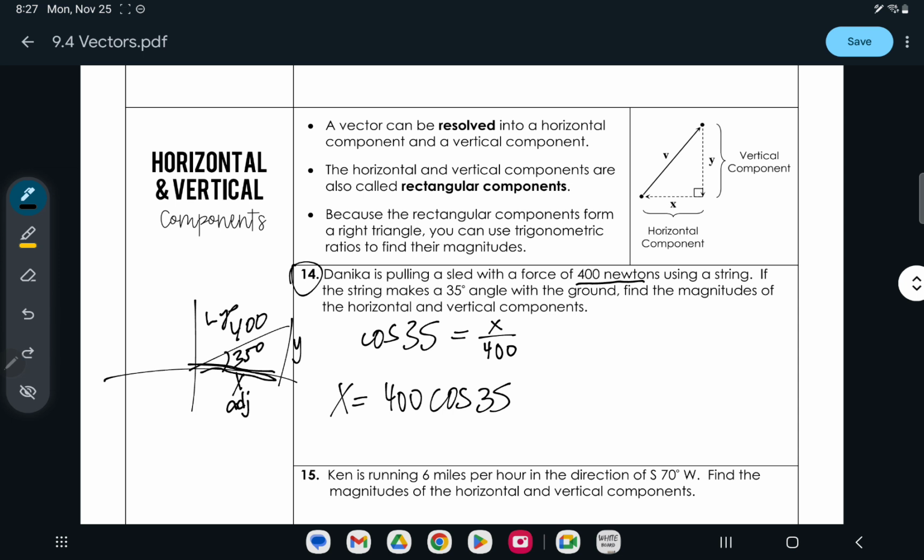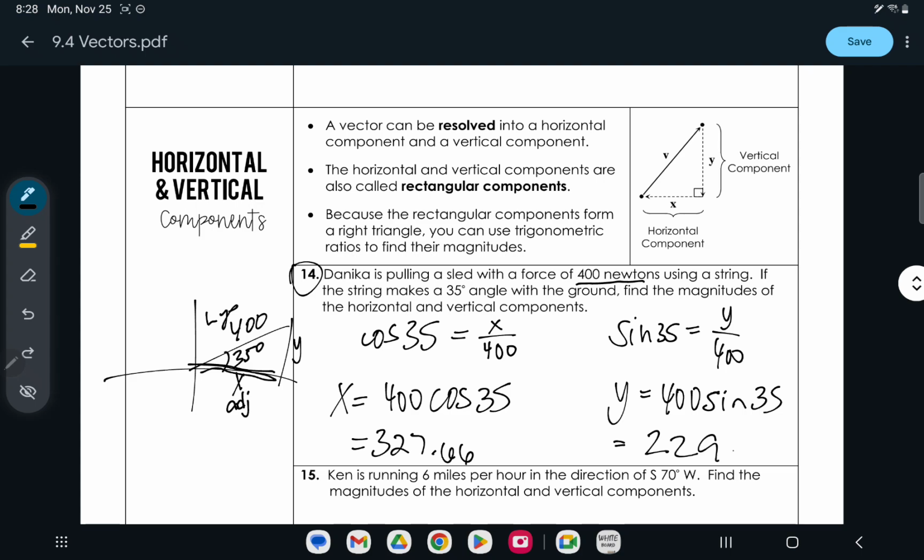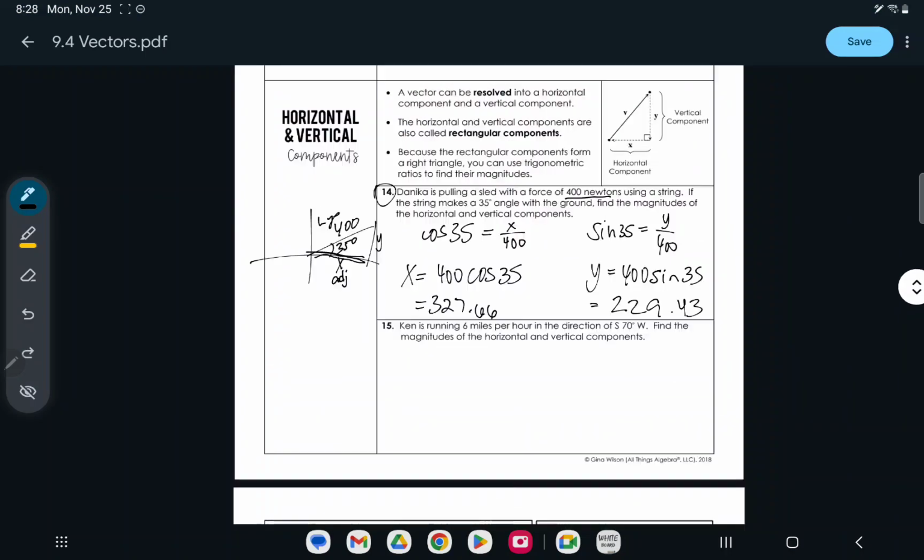Cosine 35 times 400 gives me 327.66. Sine is the other one. So sine of 35 is y over 400. So y is 400 sine of 35, which is 229.43. And there we have it.